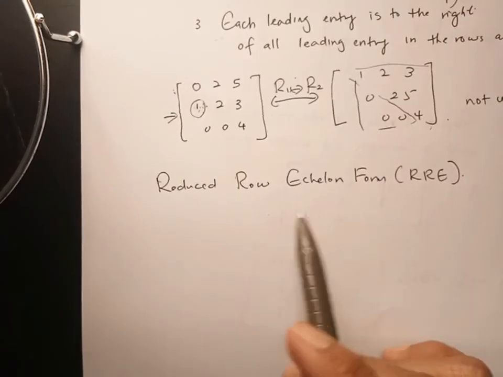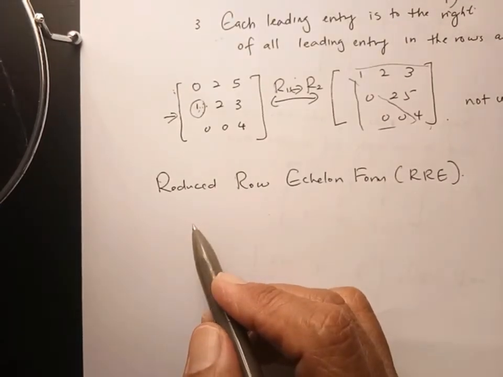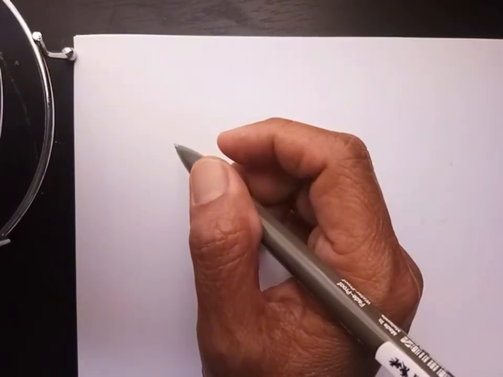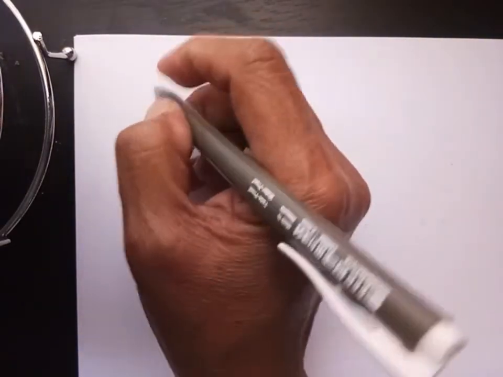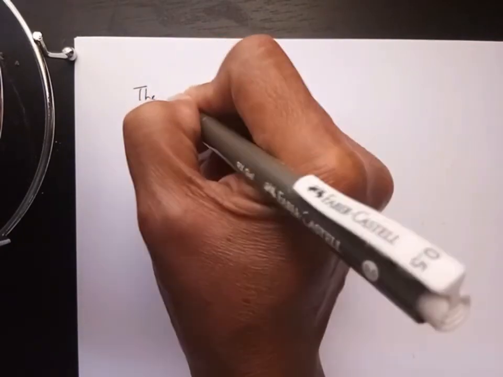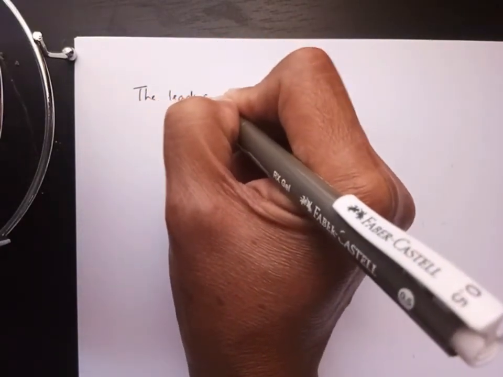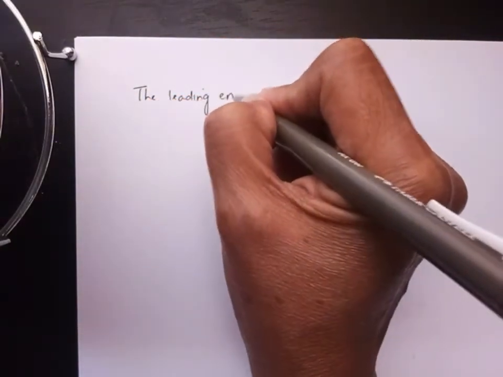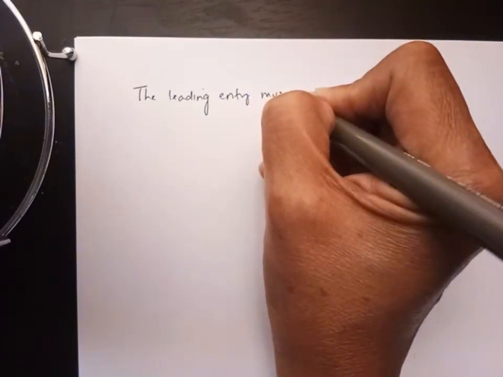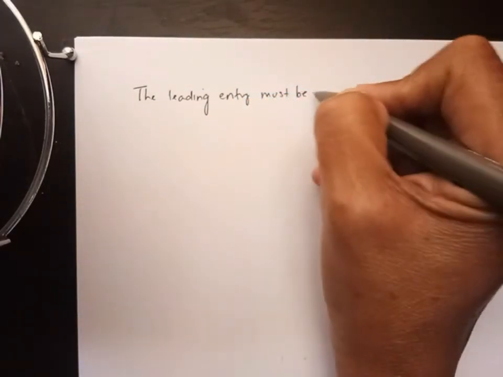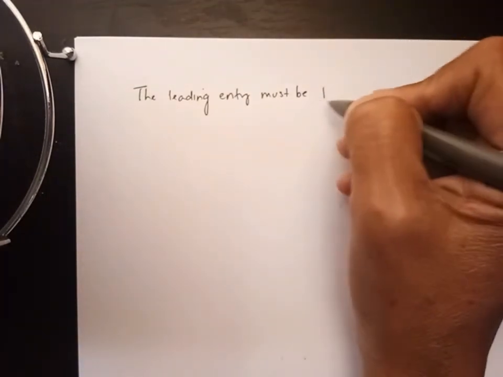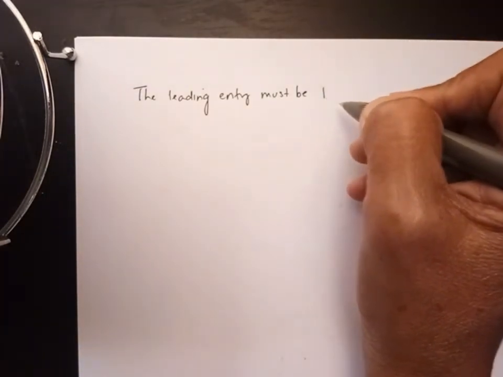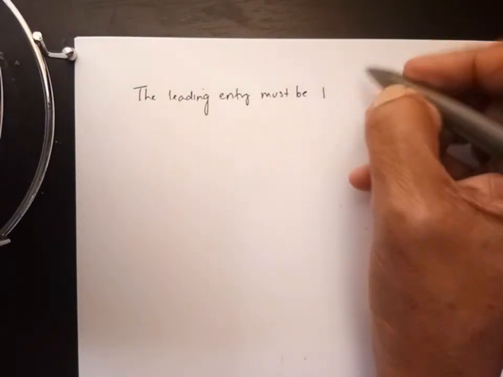For reduced row echelon form, which is RRE, the condition is that the leading entry must be set to 1. So we need to change it into 1, given any constant that we obtain.